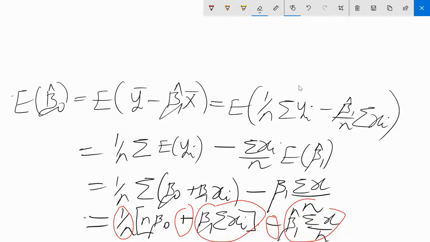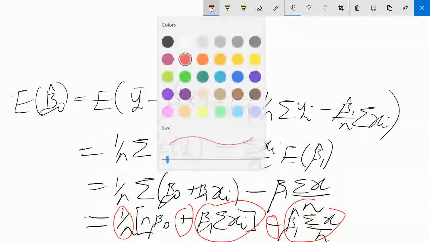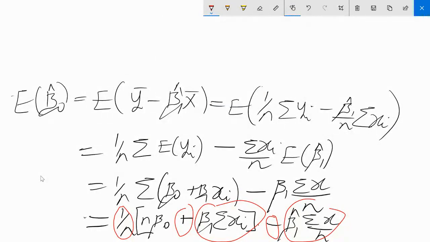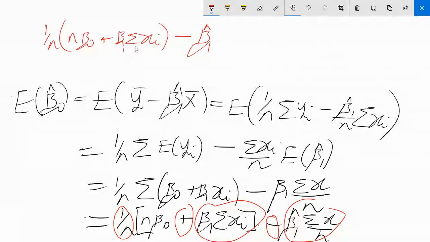All right, let me just write it here so that you can see. Let me use red. So what we are having there is 1 over n, plus beta 1, and this is summation of xi over n, without a hat because we already have it. Now we're bringing in this.